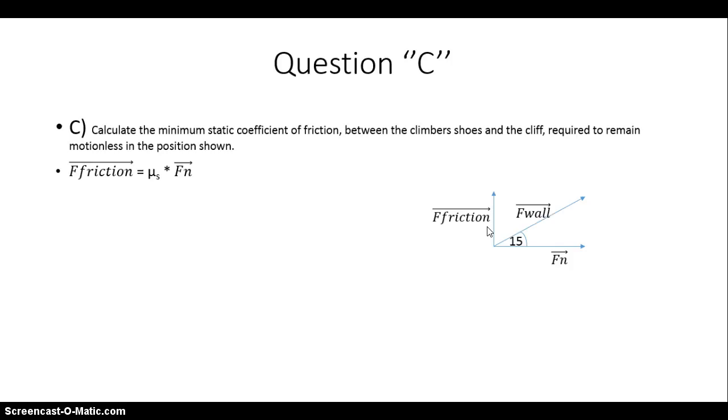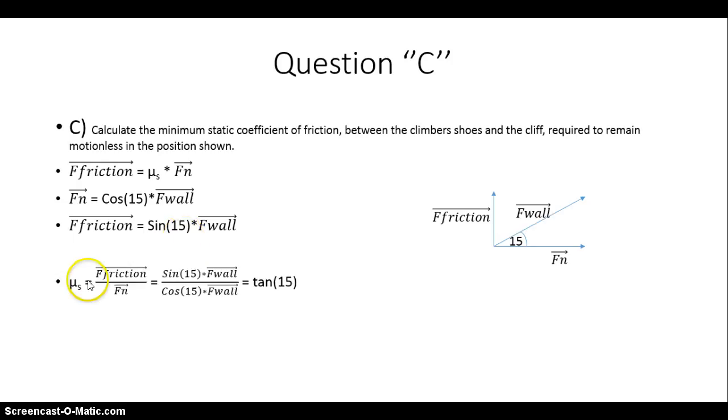We know that F friction equals the coefficient of static friction times the normal force. We also know that the normal force, which is the x component of F wall that we calculated before, is cosine of 15 times F wall, and that the force of friction, using trigonometry from the diagram, is sine of 15 times F wall.